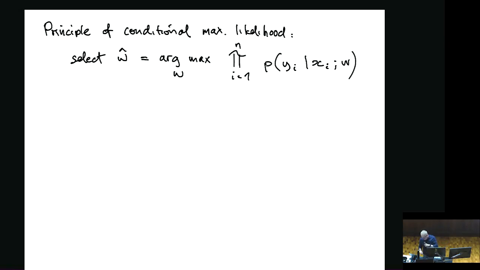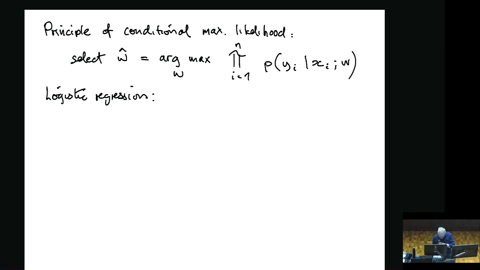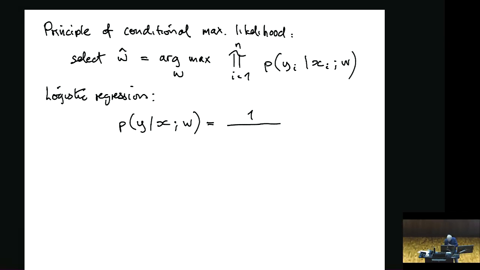And I'm going to skip the justification, and then I'm going to write that for logistic regression, we're going to use this expression: the probability of y, which is the class, 1 or 0, given x parameterized by w, is going to be expressed by the logistic expression that we had before, 1 over 1 plus e to the minus w transpose x.